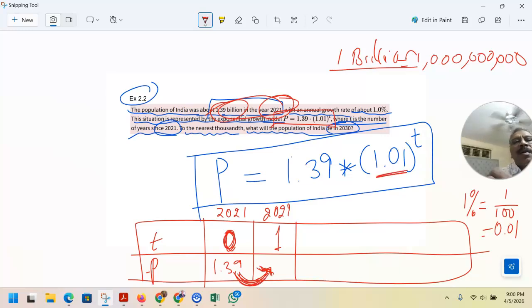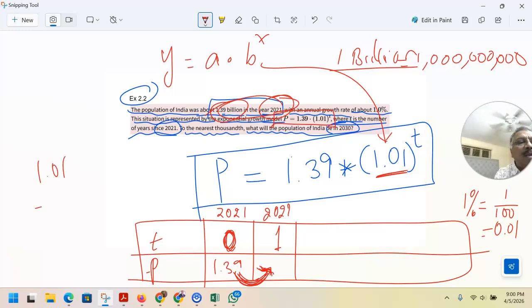What is that number that multiplies? That's this piece. If you compare this to y equals a times b raised to x, this b is that 1.01. It is the whole population from the year before, and then you are adding 0.01 to it.